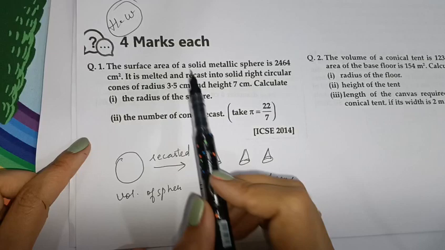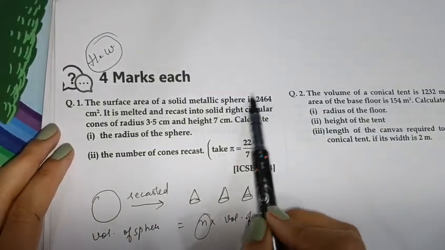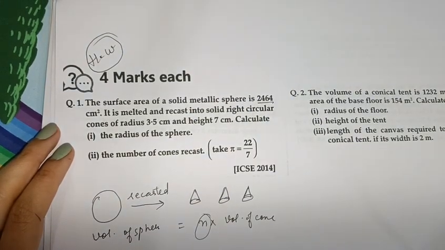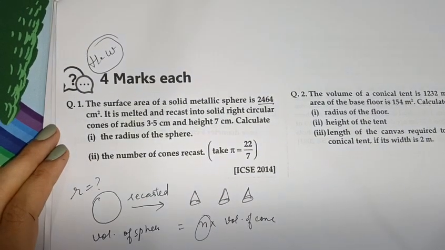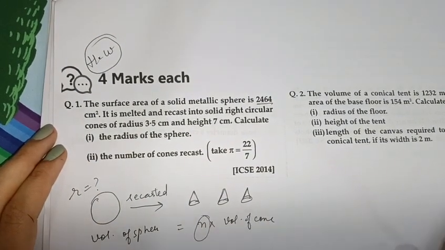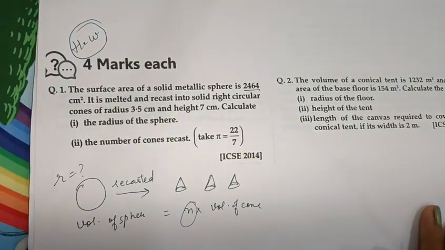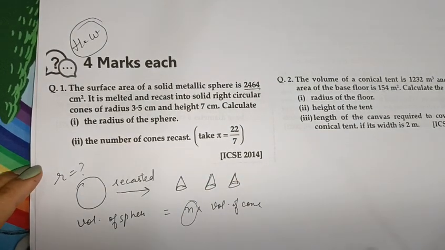But before that, as we did in the previous question, surface area of sphere is given, so you make use of this surface area and find the value of r. Do this question yourself. You can take a screenshot and try it, and don't forget to post your answer in the comment section.